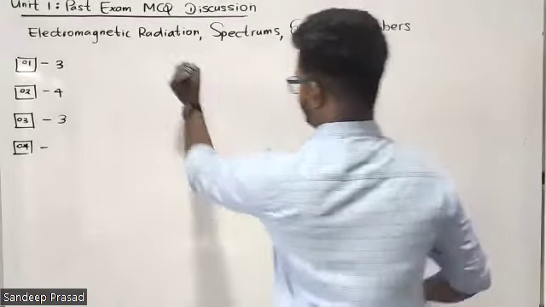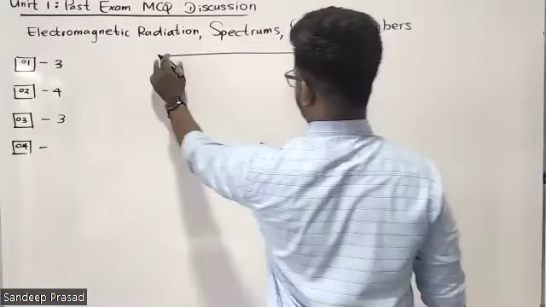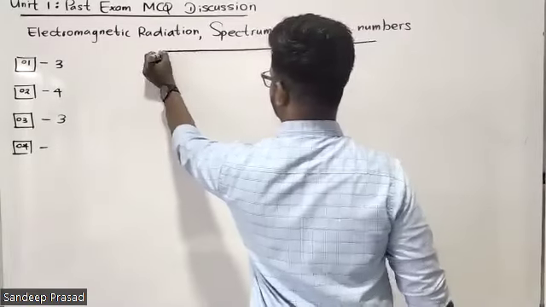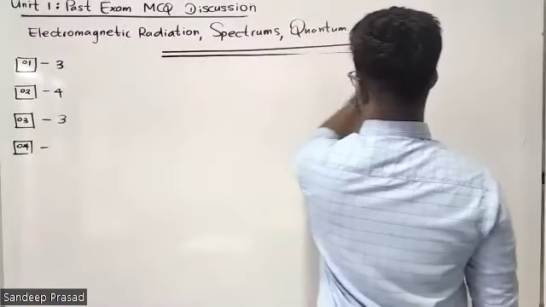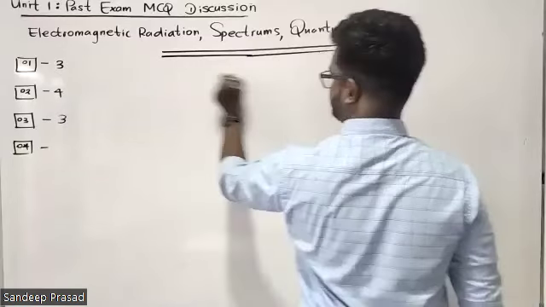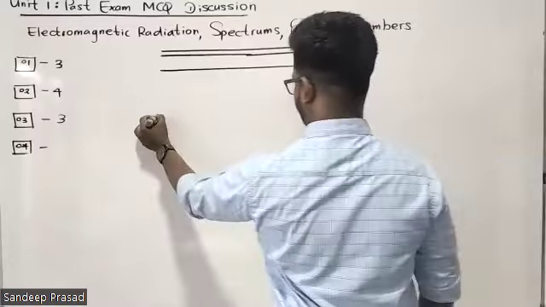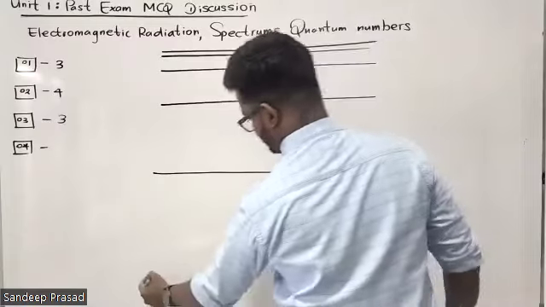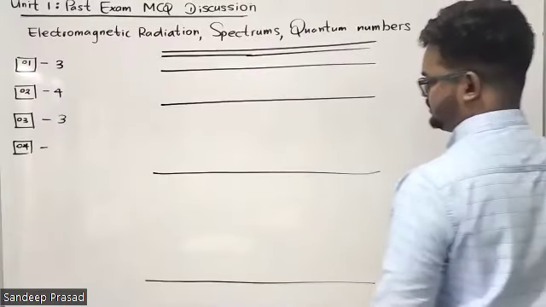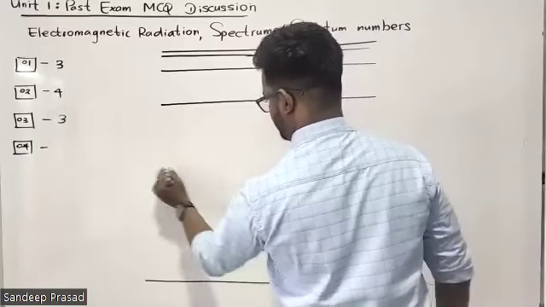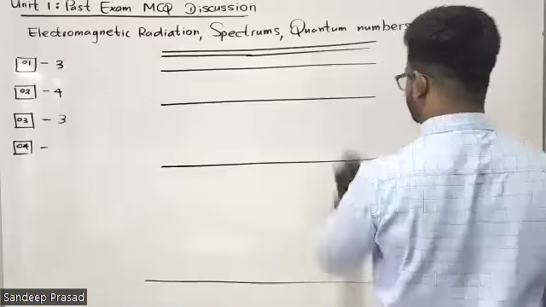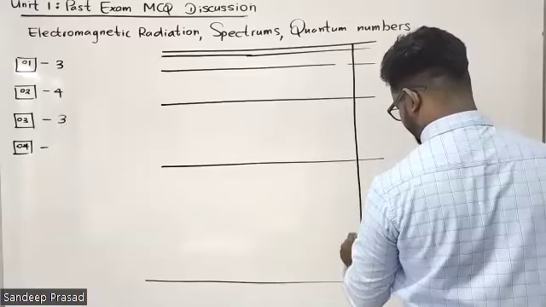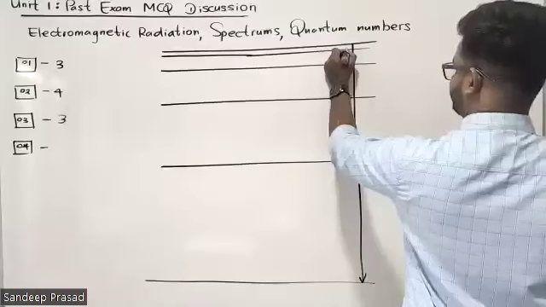Anyhow, let's revise the hydrogen emission spectrum quickly. Can you remember, students? In the hydrogen emission spectrum, we know that these are the corresponding energy levels. The energy level diagram can be drawn in this way, right? Electrons are falling to the lower energy levels from high energy levels.